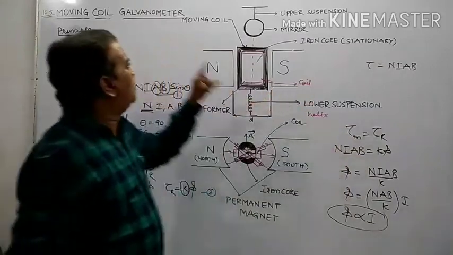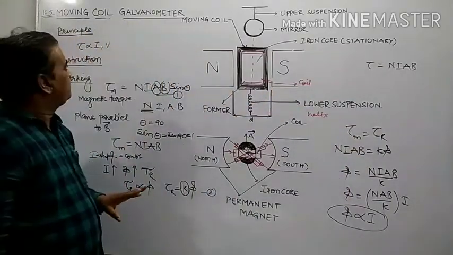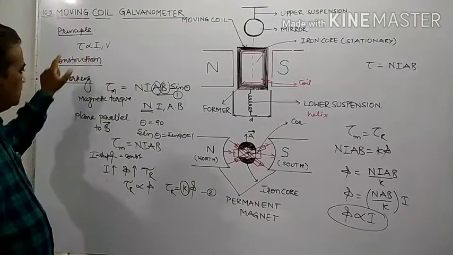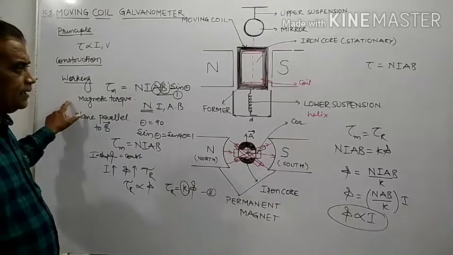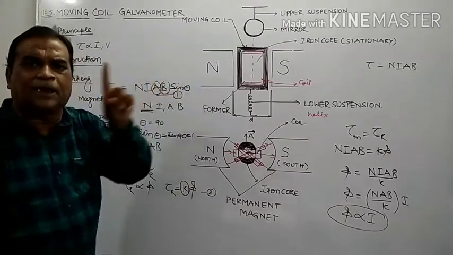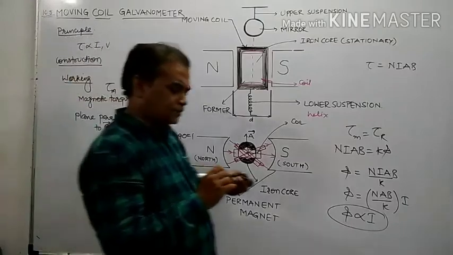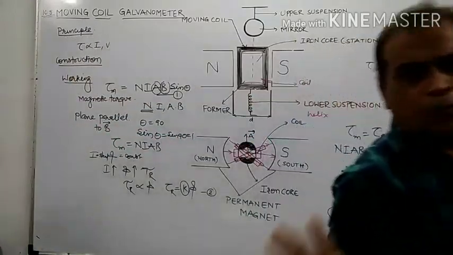So this is all about a moving coil galvanometer: principle, construction and working. Along with the diagram, there might be a question for either 3 marks or for 4 marks.